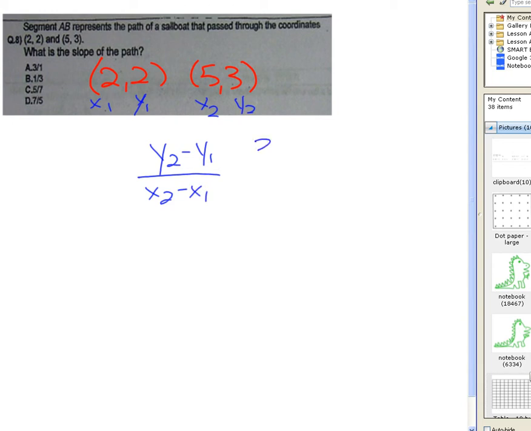So y2 is 3 minus 2 over 5 over 2. And this is just 1/3. So the answer is B. Any questions you get just asking for slope, please don't miss those. Those are kind of easy.